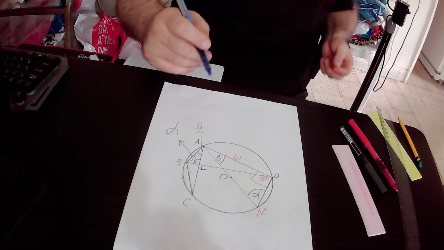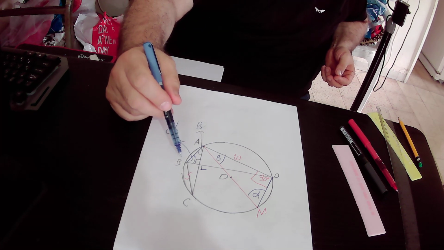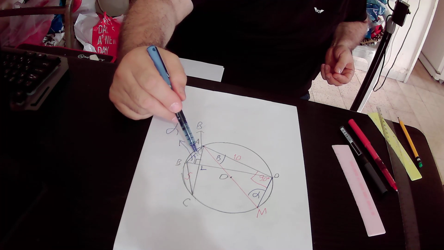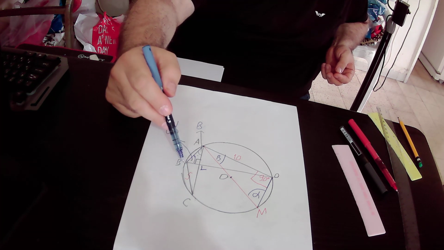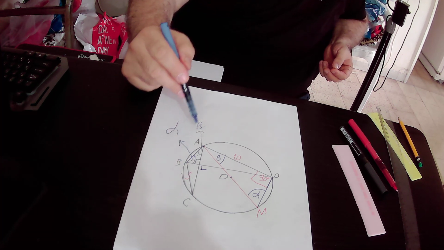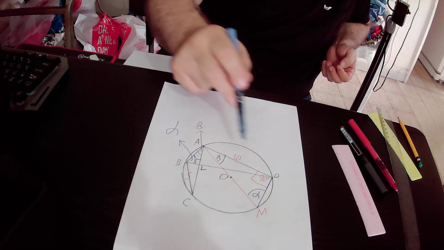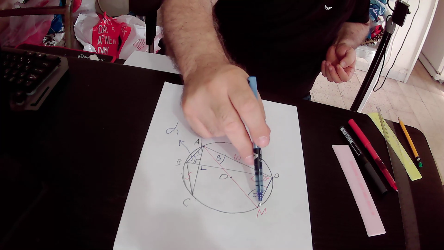I will explain again. Peripheral angle BAC equals beta and it rests on chord BC, while peripheral angle MAD, that also equals beta, rests on chord MD.